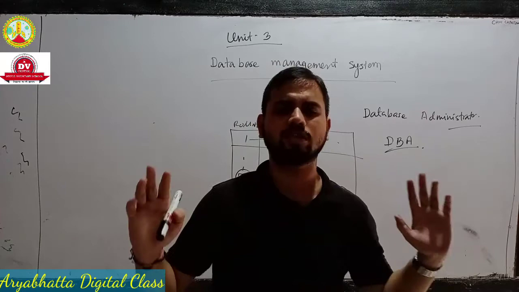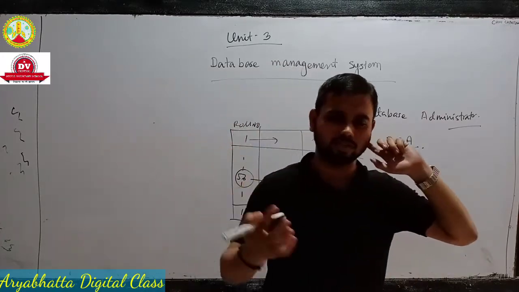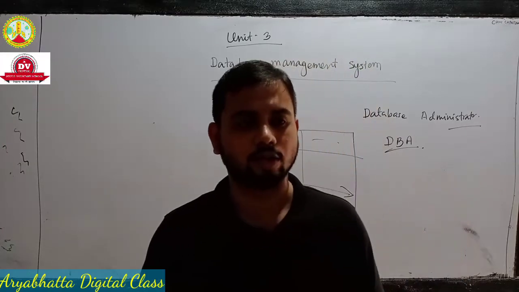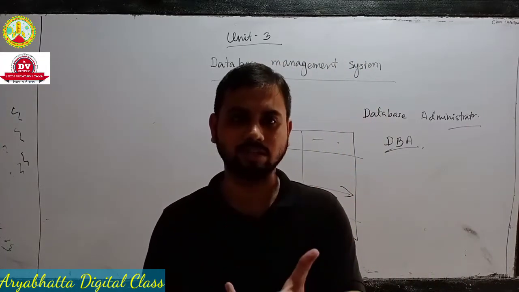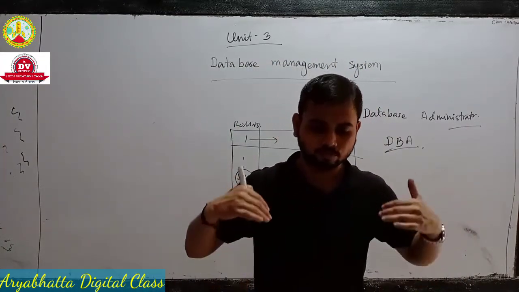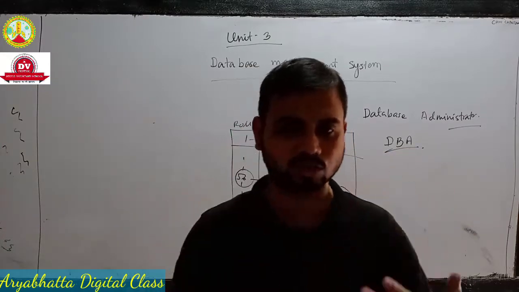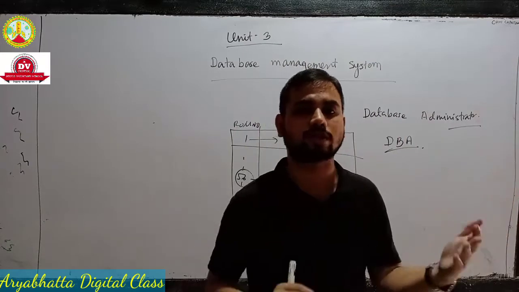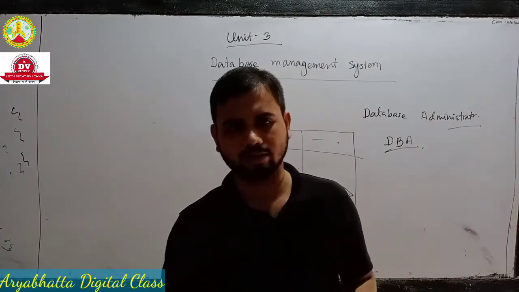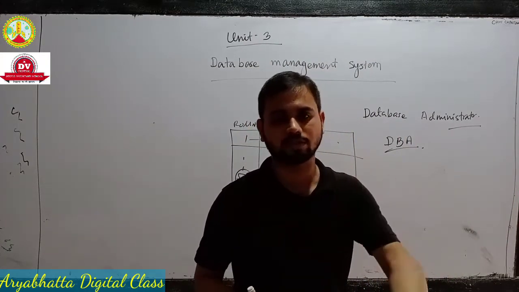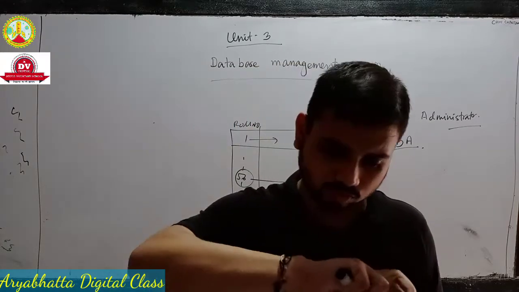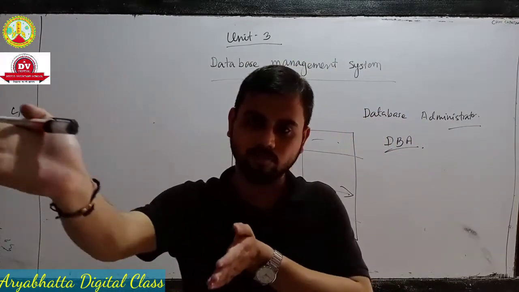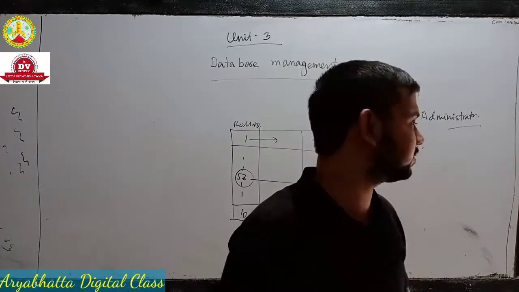In every institution, in an office, bank, college, there is a person who holds all the data and who accesses, organizes and controls all the data in an organized way. That person is called database administrator.